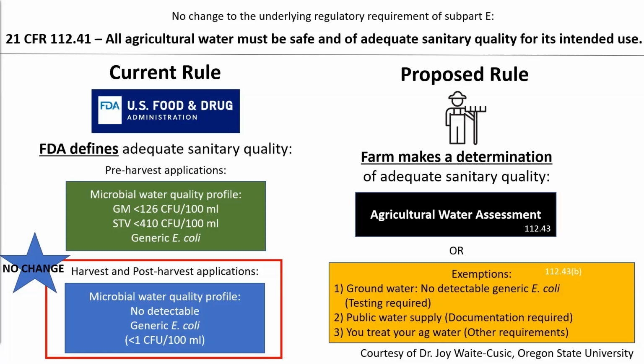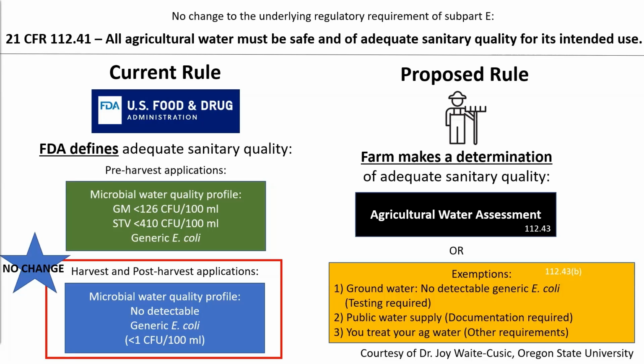And because of the very stringent testing requirements and the difficulty sometimes in meeting these microbial water standards, the FDA has now published a new proposed rule that really puts it on the farmer to determine what is adequate sanitary quality for their water.